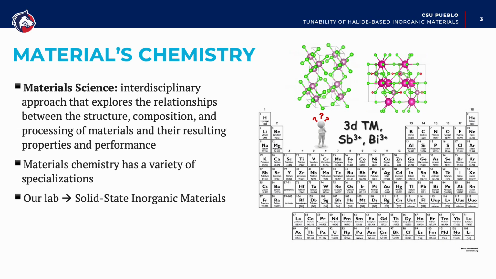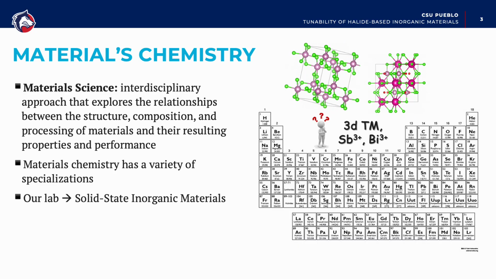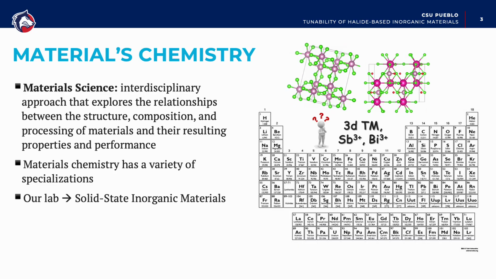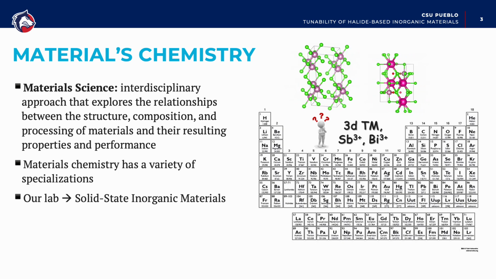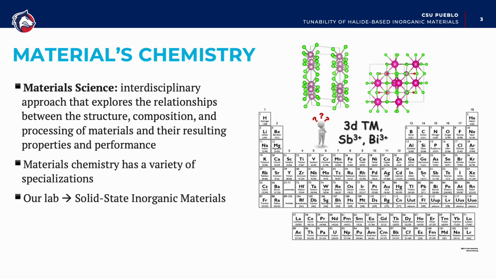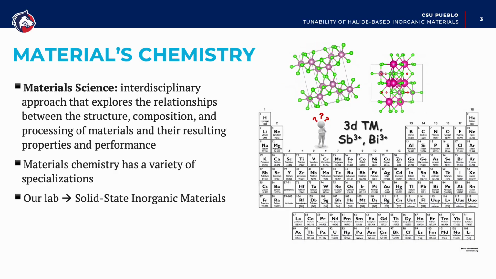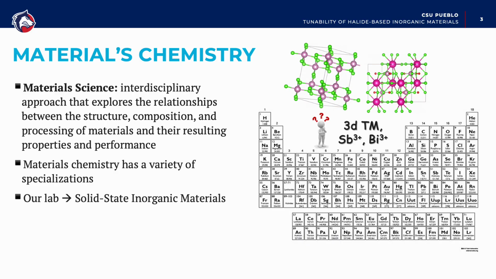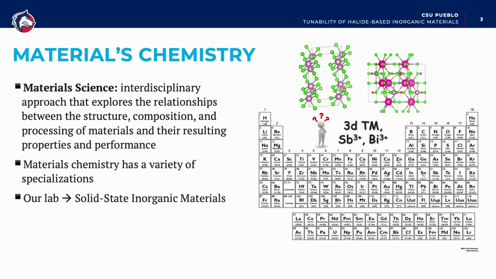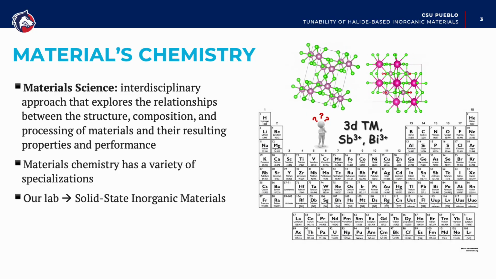To understand materials chemistry, we first must understand what material science is. Material science is the interdisciplinary approach to understand a given material's structure, composition, and novelty. Engineering, physics, and chemistry all come together to form an emerging and exciting field of study that will solve many, many problems in the world.